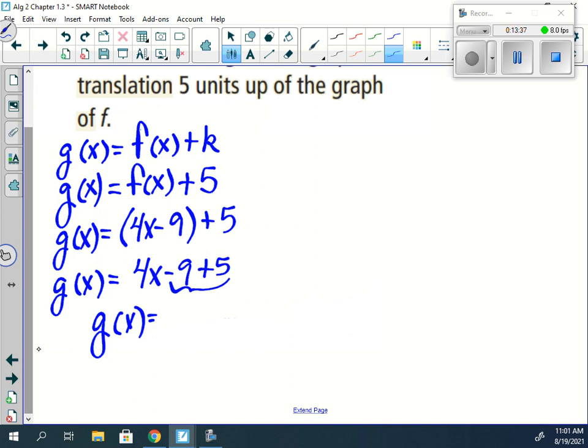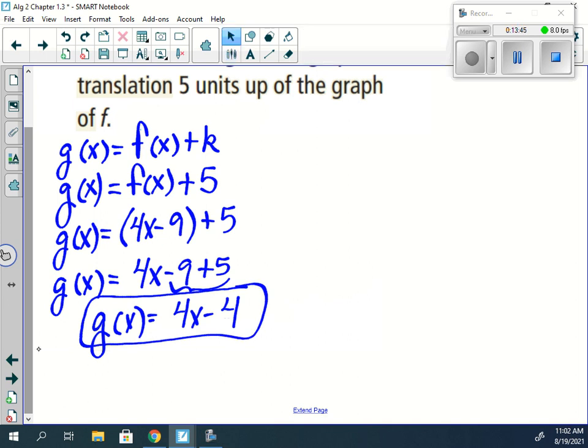Combine like terms. 4x minus... Any questions on any of this here? Do you feel comfortable with this here? Yes?